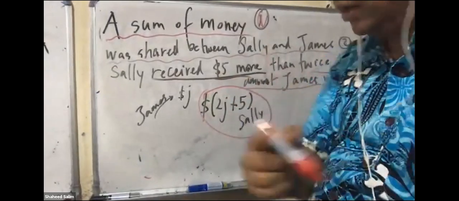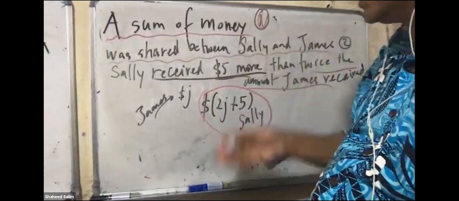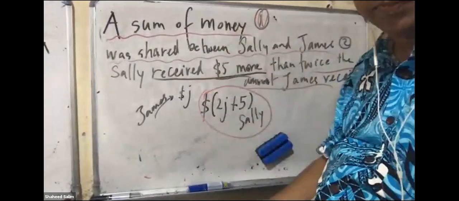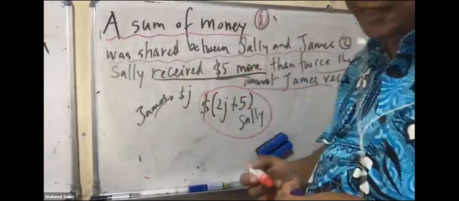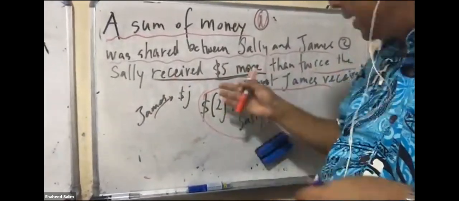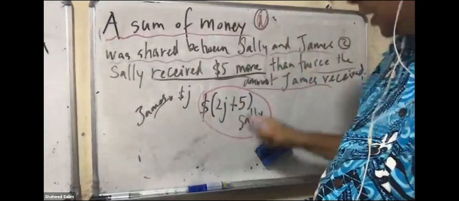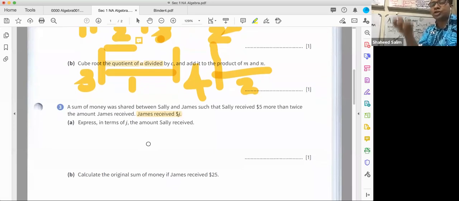But you can only do it if you break up this sentence into parts. If you don't break it into parts, it becomes so complex. So you have to break it down into parts. Now what's the next part of the question? Calculate the original sum of the money. You got James's money, you got Sally's money.